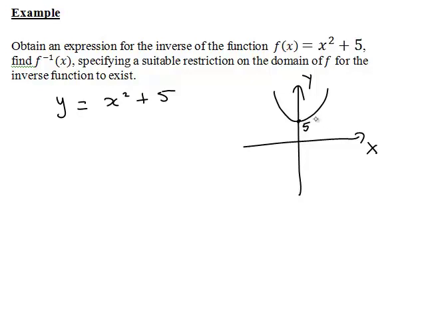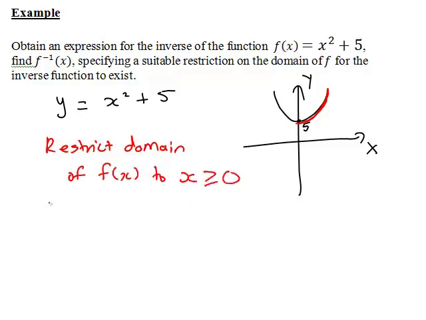And when it changes at 0, it would usually be, in most cases, the most common convention to pick the positive side of that. So let's do that. Let's restrict the domain of f of x to x greater than or equal to 0 to help define f inverse x.